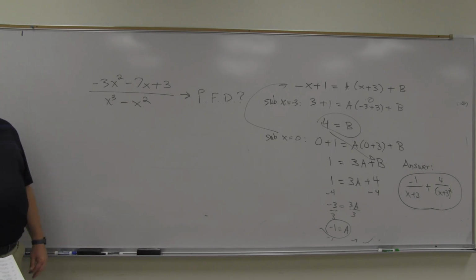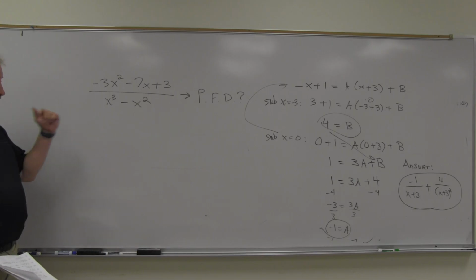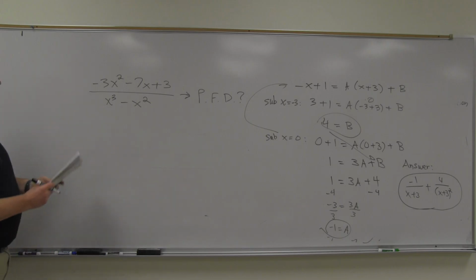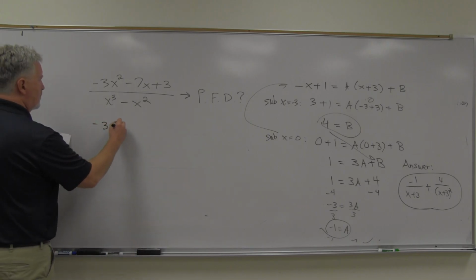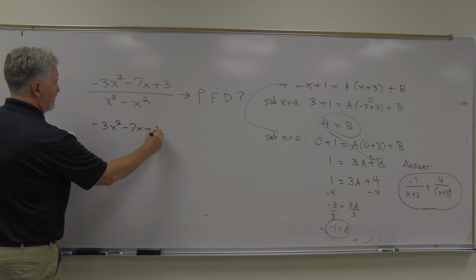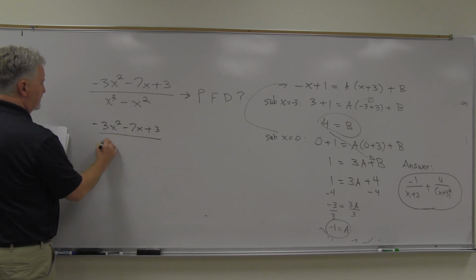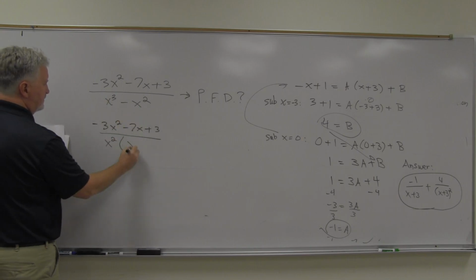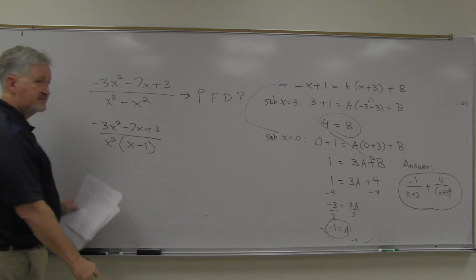So the first step on this one is I've got to factor, don't I? If your denominator isn't factored, you've got to factor. So it does factor. I can pull out an x squared, so that'll be an x minus 1 in the parentheses.